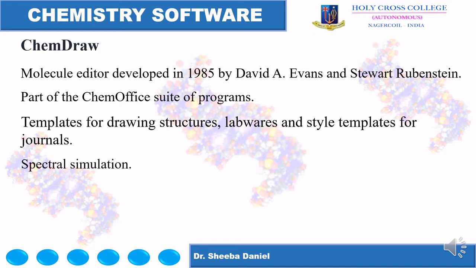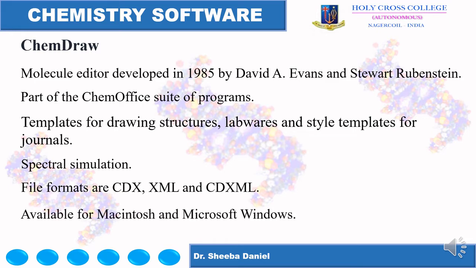And it also consists of spectral simulation and it is used to predict the NMR and mass spectrum of chemical compounds. The most common file formats are CDX, XML and CDXML. And it is available for Macintosh and Microsoft Windows.